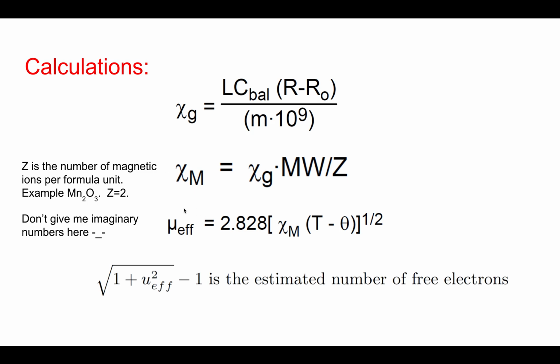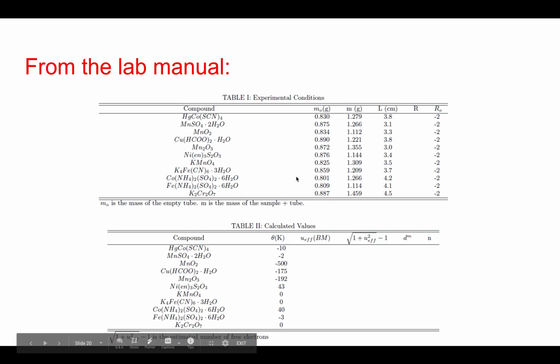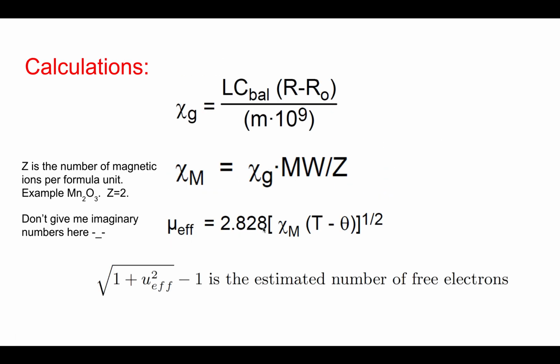Then you calculate U effective. I'm going to go back. So this is U effective. It's fairly easy to calculate. But don't give me imaginary numbers here. This equation only applies if there are unpaired electrons.